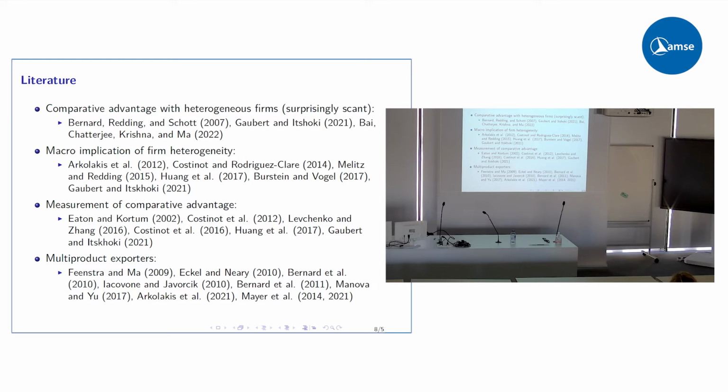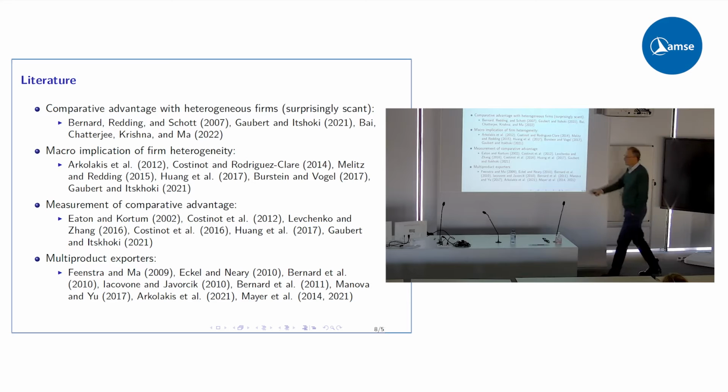The literature on comparative advantage is huge, and I'm highlighting only some aspects. What is relevant for us is clearly models of comparative advantage with heterogeneous firms. There are not that many. A lot of papers are instead on the macro implications of firm heterogeneity.